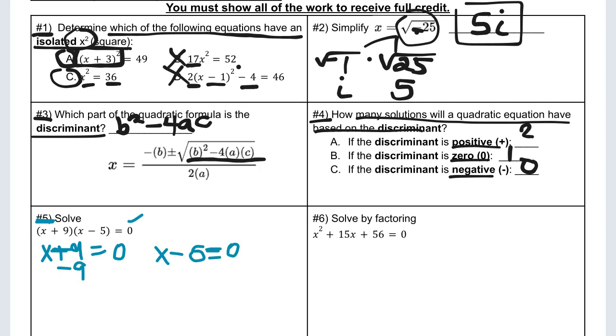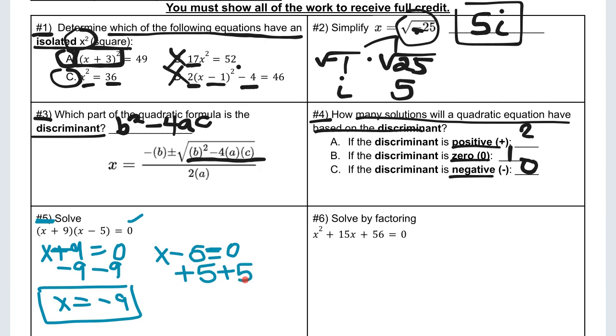And solve for x by subtracting 9 on both sides of the equation, so x therefore is -9. Next one is adding 5 on both sides of the equation, therefore x is equal to 5.